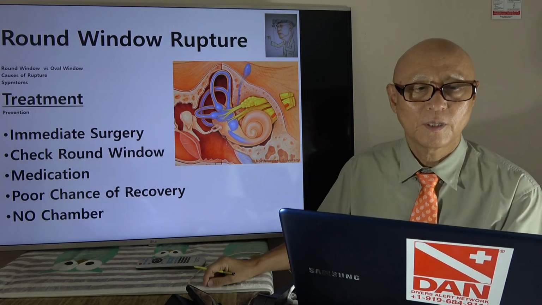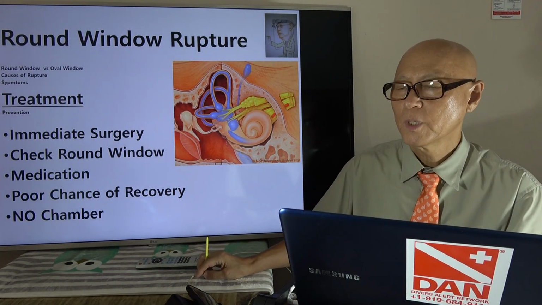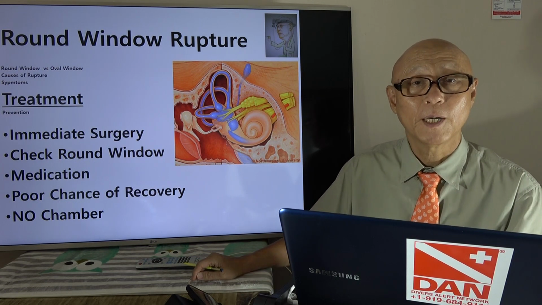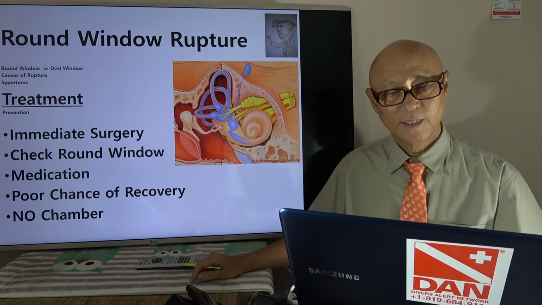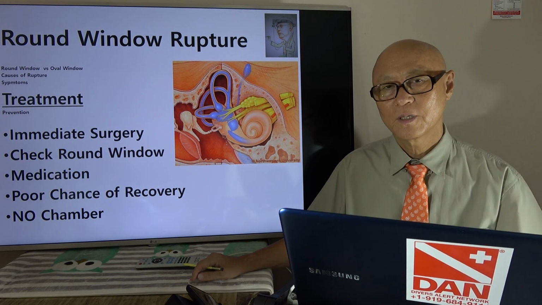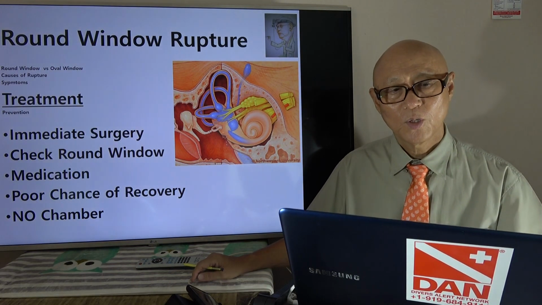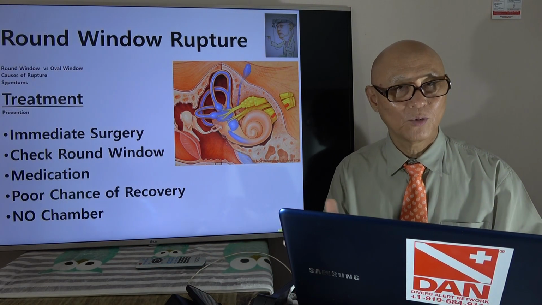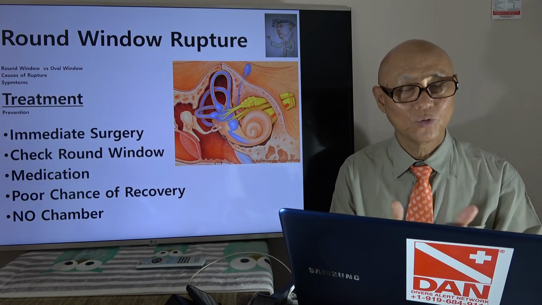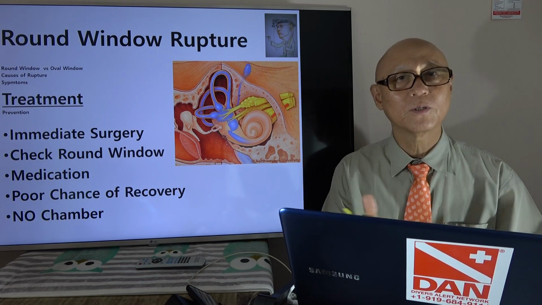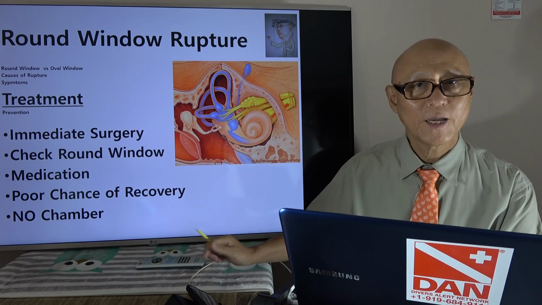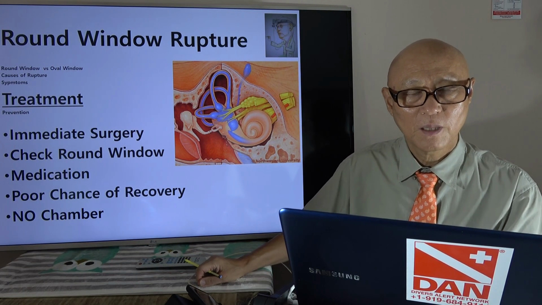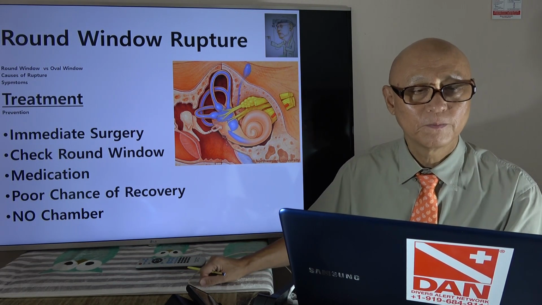How do we treat this rupture? Immediate surgery is the best choice, but at the site of diving, on the scene of diving, your round window ruptures, and how long do you think it will take until you go to a hospital, go through all the exams, and finally you end up on an operation table and the doctor begins to open your middle ear?